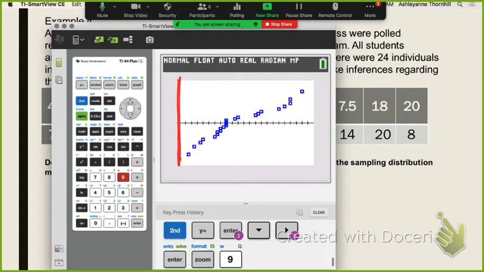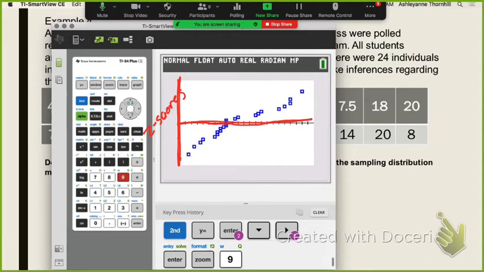So vertical, your y-axis, and your x-axis. You'll label the y-axis as your z-scores, and then your x-axis is going to be whatever the context of the problem is.